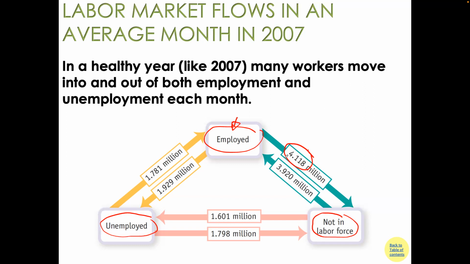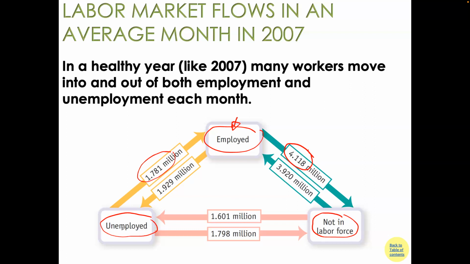But then you have a small fraction, someone who either goes to school or, for family reasons, just stays at home, right? So this is roughly 4.1 million. Now you have employed going to unemployed every year, around 1.8 million. That's very straightforward: those who get laid off, who lost their job.